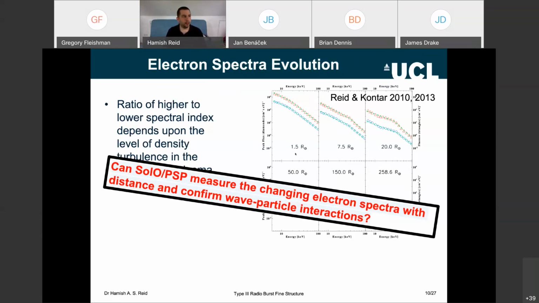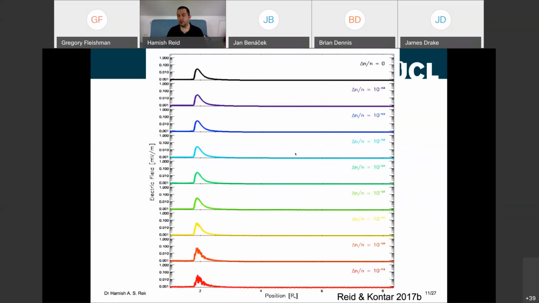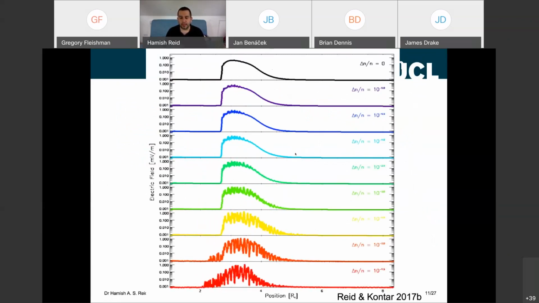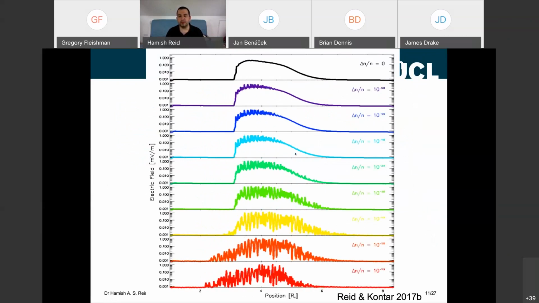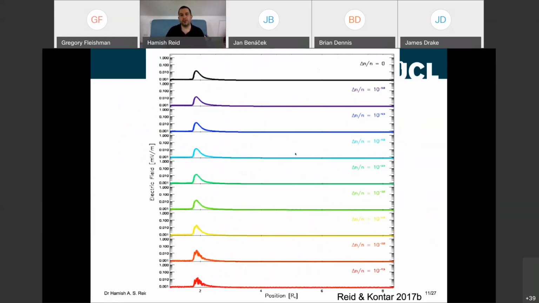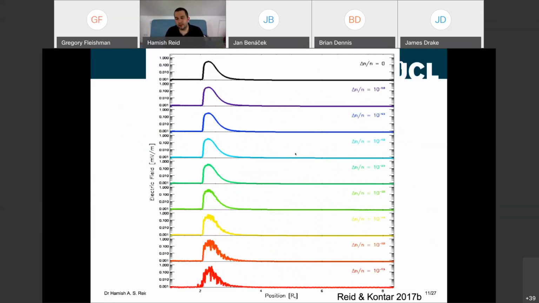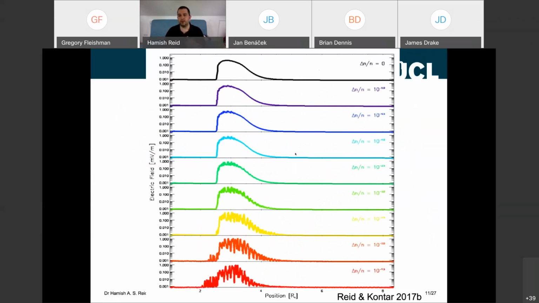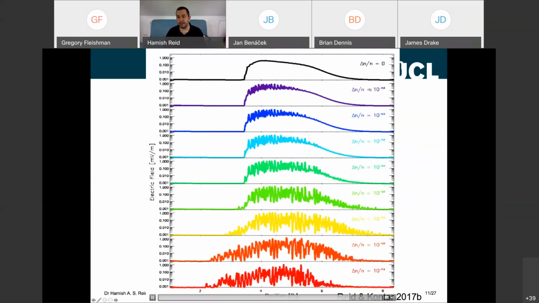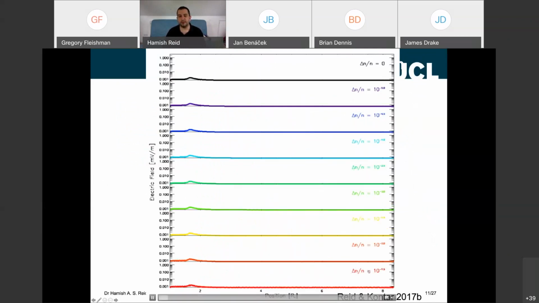And so finally, before I continue about LOFAR observations, the level of density turbulence, as I mentioned before, modulates the amount of Langmuir waves that are produced. This simulation is showing 9 different electron beams propagating through plasma with an increasing level of delta n over n, this level of density fluctuations.